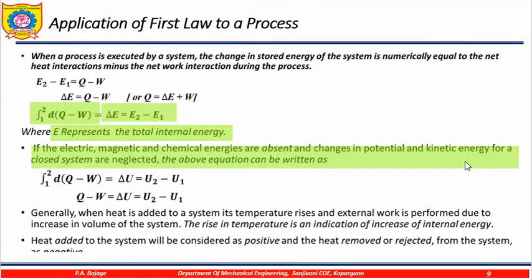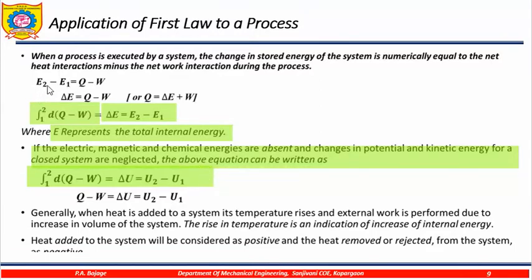Now in this case we generally consider it as a steady flow process. Here we do not have to consider the interference of magnetic, chemical and electrical energies. So it can behave like a steady state, and the modified equation can be written as integral 1 to 2 of dQ minus dW is equal to delta U, that is again the change in internal energy, U2 minus U1.